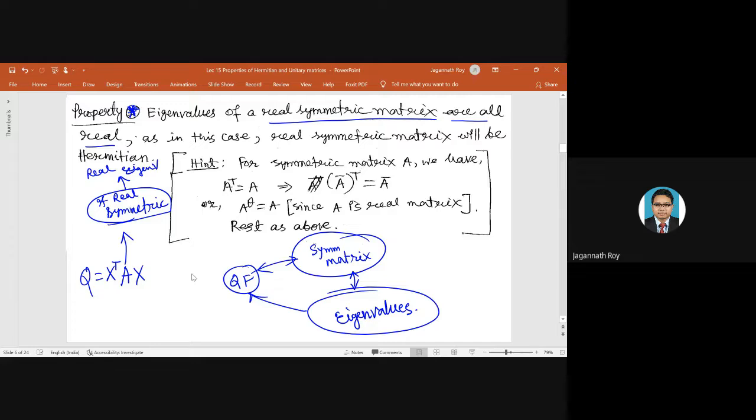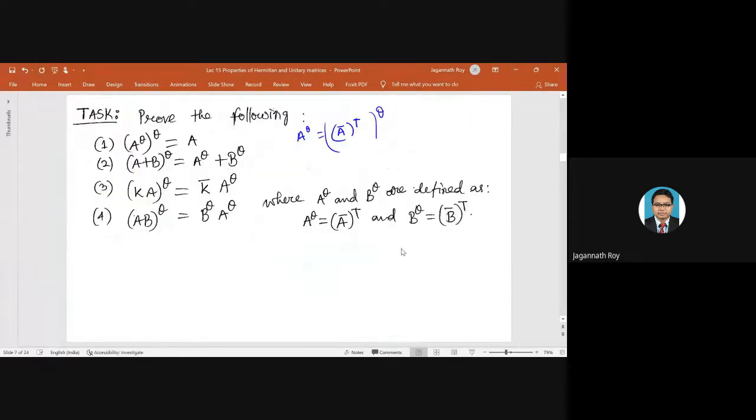When you study maximization and minimization problems, then these concepts will come back again. So this is just for your information.